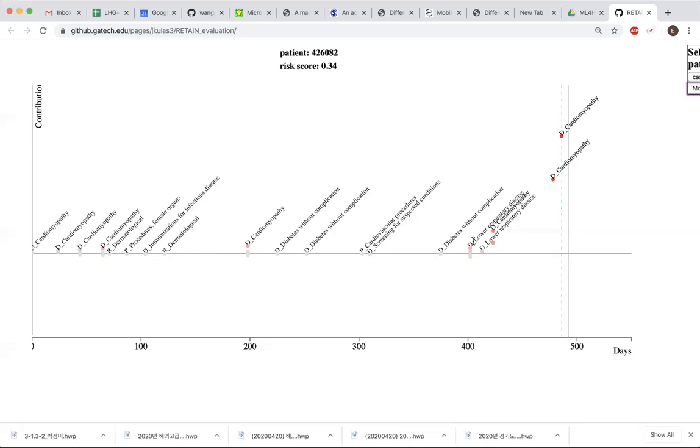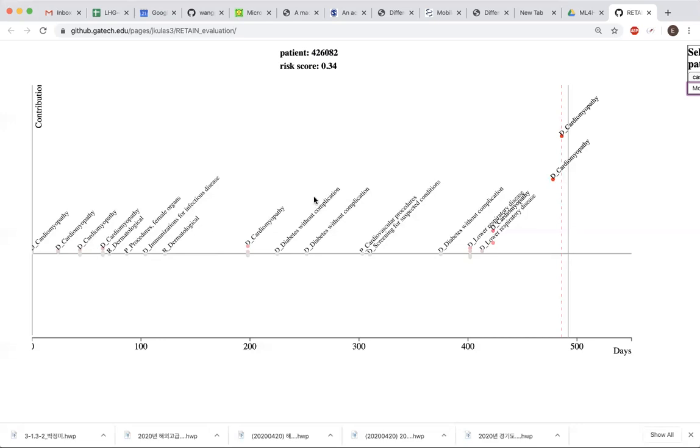cardiomyopathy here, I think there was cardiomyopathy here and also here and over here. So they're all the same codes, but the recent codes are contributing more towards the final prediction compared to the codes in the past, like here, or maybe in the very beginning. So it has understood the concept of time.